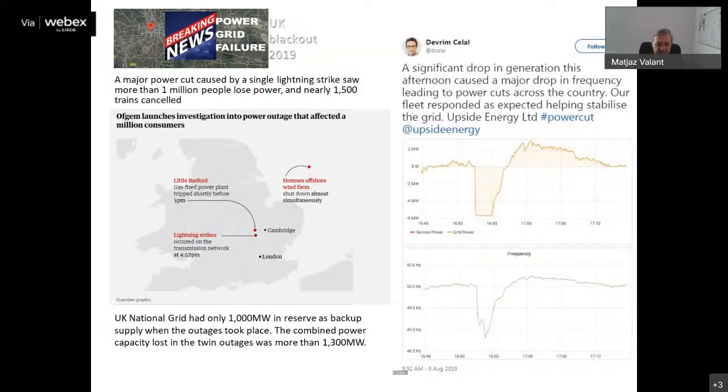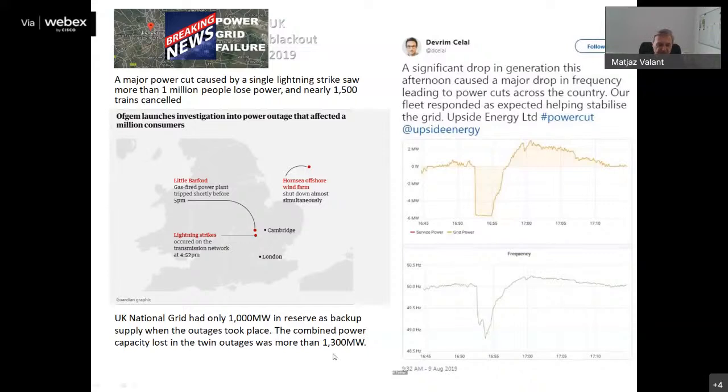So the power plant went down. At the same time, a gas-fired power plant nearby tripped, and simultaneously the offshore wind farm shut down. So they were lacking about 1,000 megawatts of energy in a very short time, and they couldn't substitute this with their reserves.